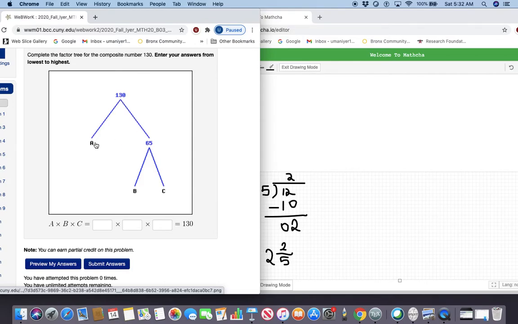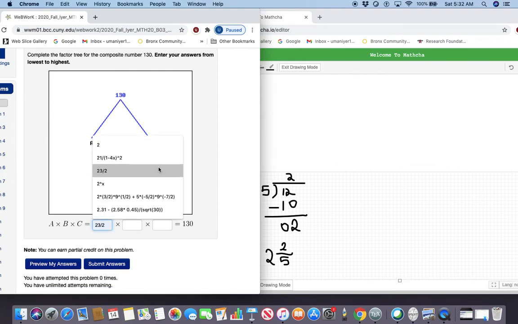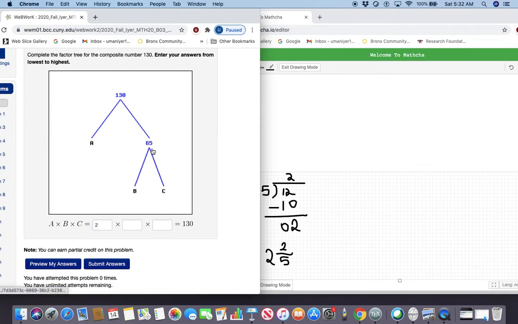Well, 2 times 65 is 130, so that's a 2. 65, I'm again going to factor it. 65 factors as 5 times 13. Notice we have to write the smaller number first. All right, 5 times 13 is 65.